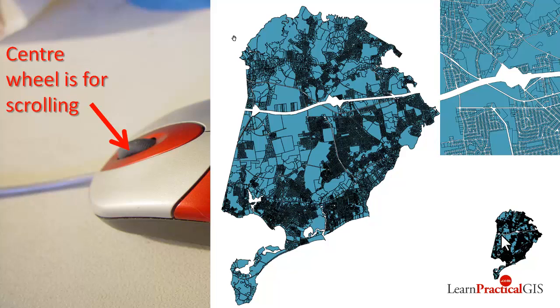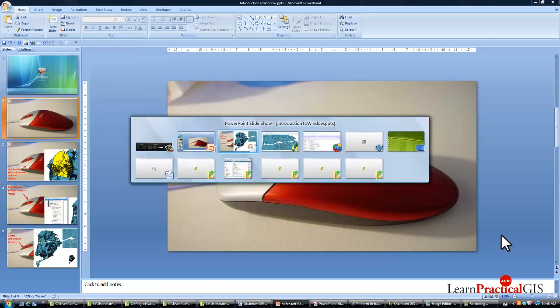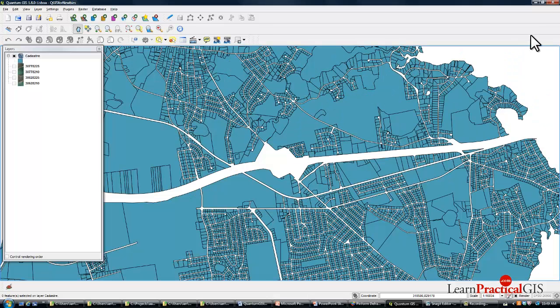Okay, so the other thing I just want to show you briefly is if we go to Quantum GIS, we have these three buttons in the top right hand corner.